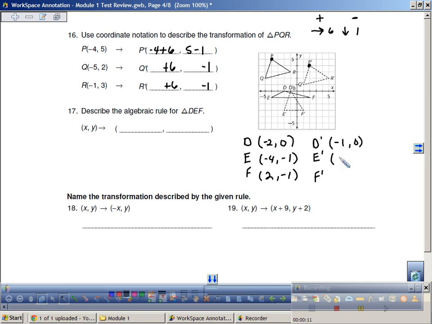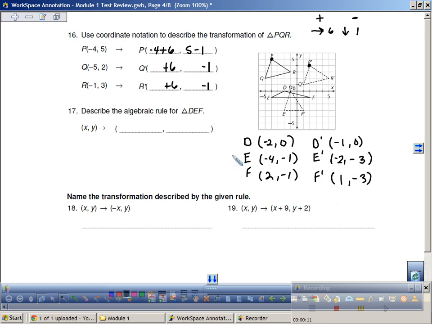And E? 1, negative what? 3? Is it negative 3? 1, 2, 3. Yeah. And F prime? Oh, that's F. F is 1, negative 3. So what's E? Negative 2, negative 3. Thank you.